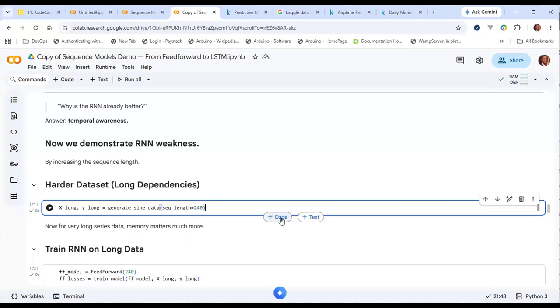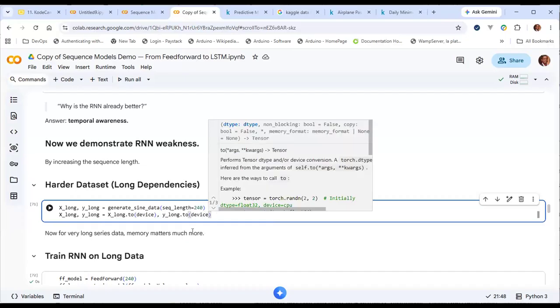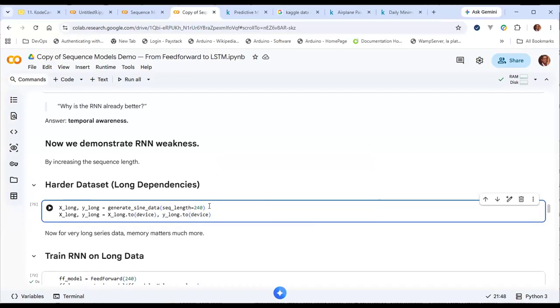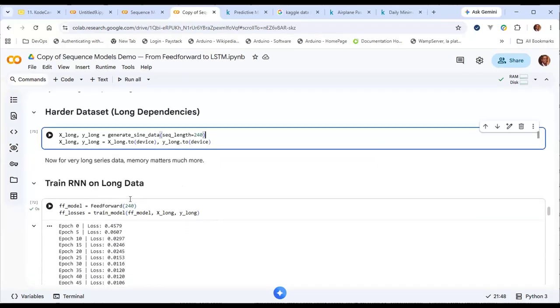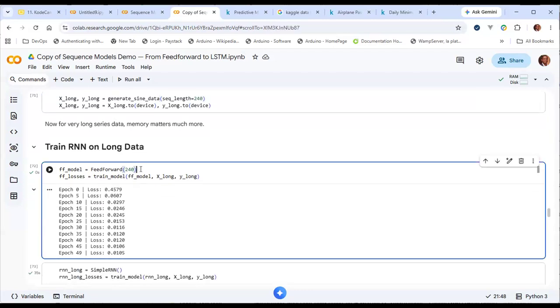The X long, we also need to move them to device as well. Oh, I could have just passed the device in as a parameter here and it will do that, but let's keep going.